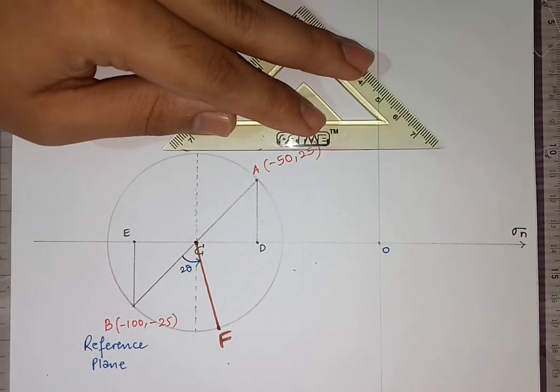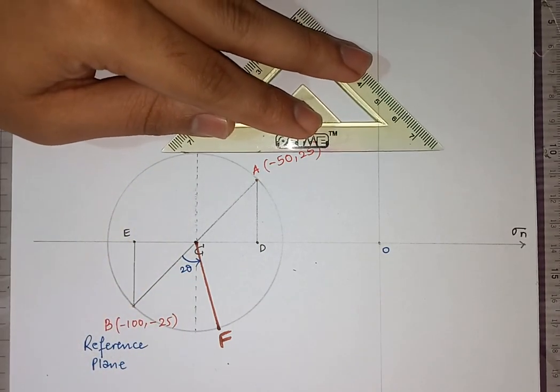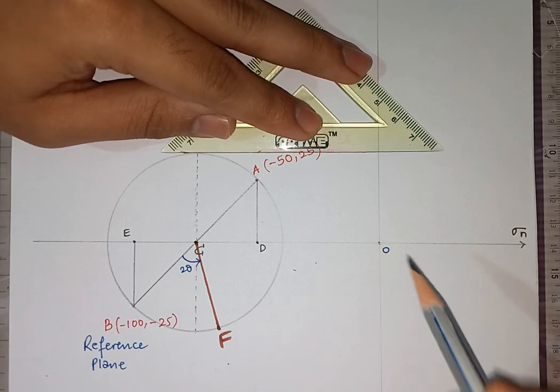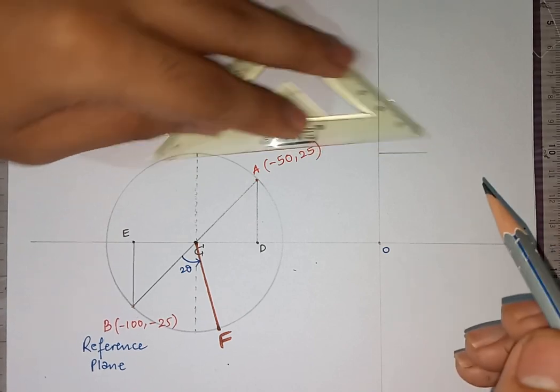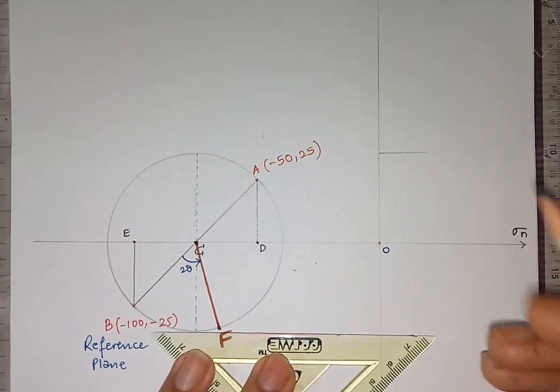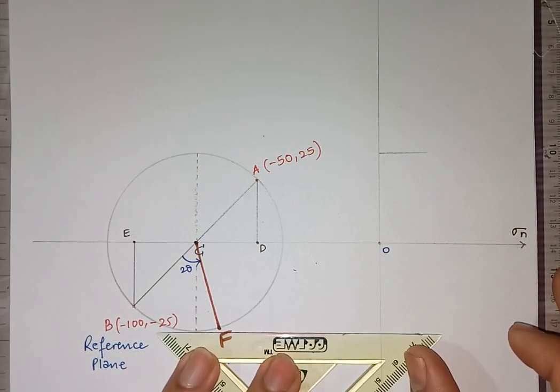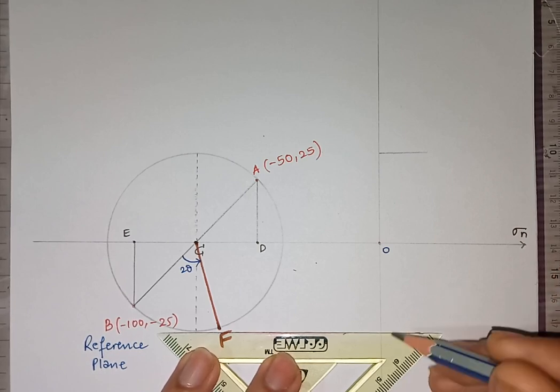So I'll mark it onto the left hand side. I'll take the projection on the left hand side, on both positive and negative side, so let me check what values I'll be getting here.